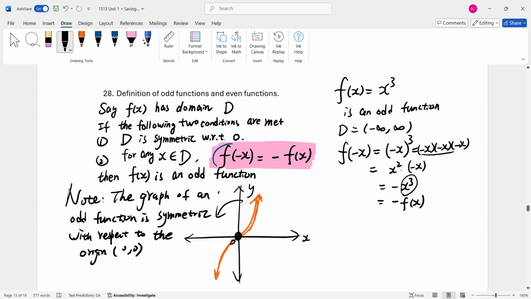So this curve is the graph of the cubing function. And we already checked the cubing function x cubed is an odd function. The domain is symmetric, and this condition is met, right? And the graph of this function definitely is symmetric with respect to the origin. You can imagine if you rotate this curve, let's see if I can do that.